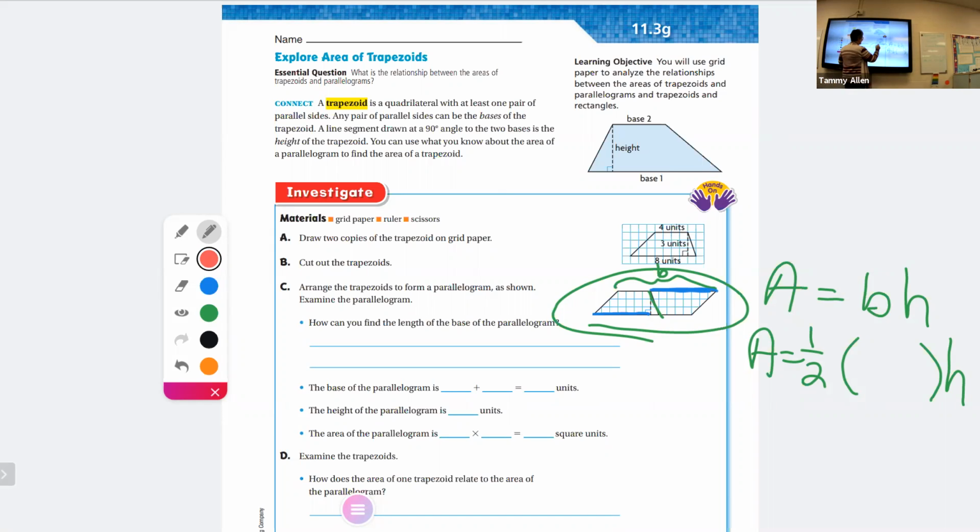And this is the rest of that entire base. So the blue and the red added together would make up that entire base. Do we understand that?